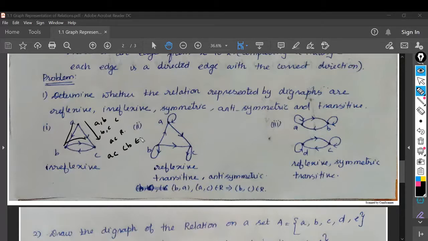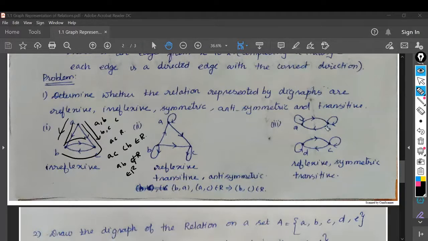CB belongs to R, and AB also belongs to R. So AC, CB, then in that case AB is belonging to R.